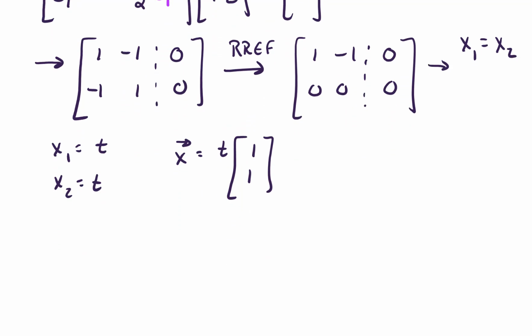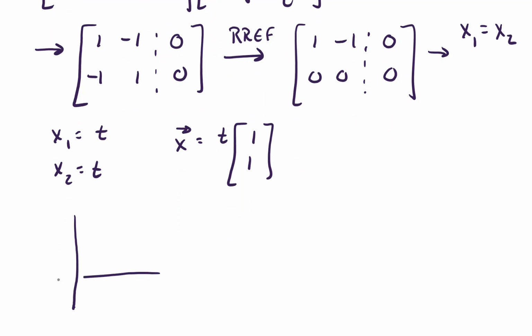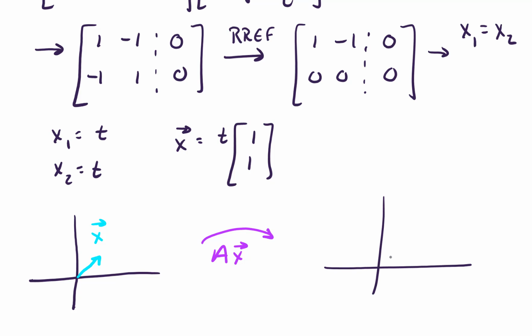Geometrically, what does that look like? Well, if we start with vectors that look like over 1, up 1, so there's our x, we apply the transformation encoded in matrix A. What we get out is a vector that's pointing in the same direction, and it's actually the same size.